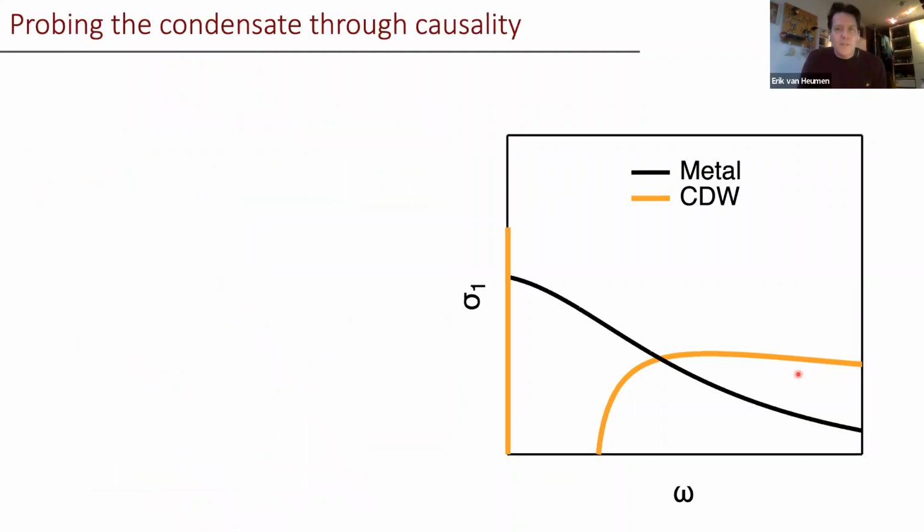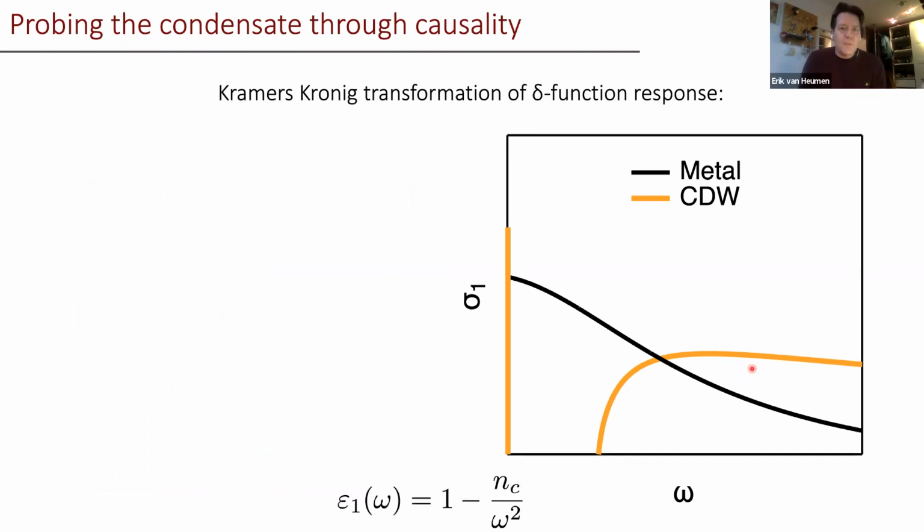So the trick around this is to instead do a Kramers-Kronig transform, put differently, make use of causality. Because when you Kramers-Kronig transform this delta function response, you get a dielectric function that diverges as 1 over omega squared. That's in contrast to the Kramers-Kronig transform of the Drude response, which essentially gives you a constant.